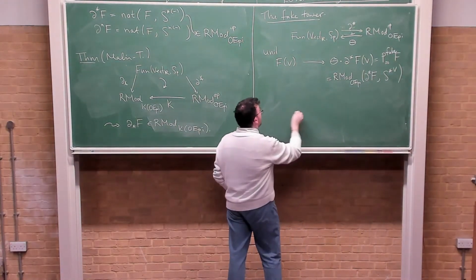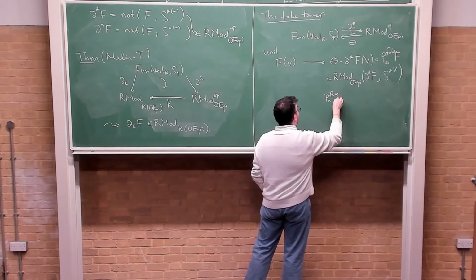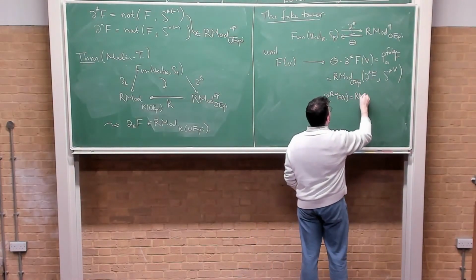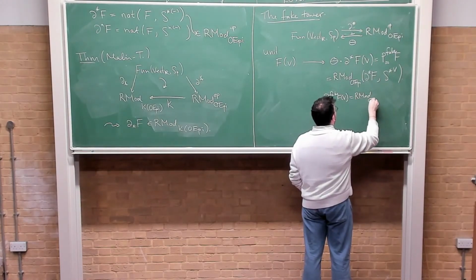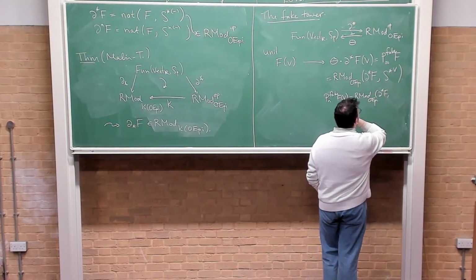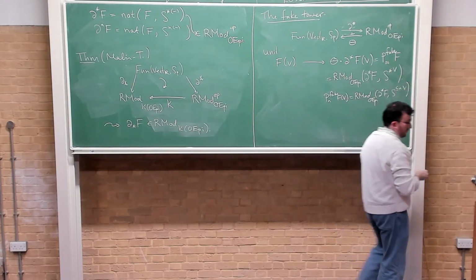So I can say P_n of F(B) is just right module maps. I'm just going to truncate on the codomain. Do something like this.